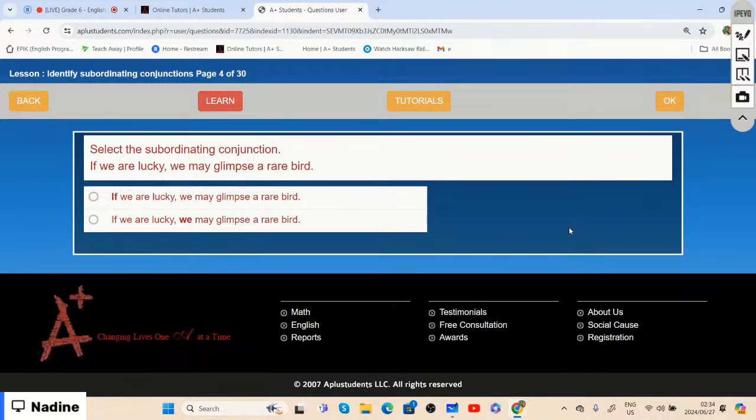So if we were to identify a subordinating conjunction, then we will go with if, not we.